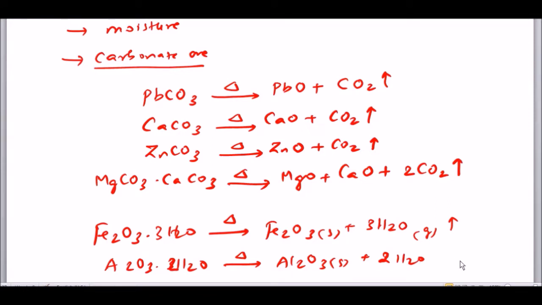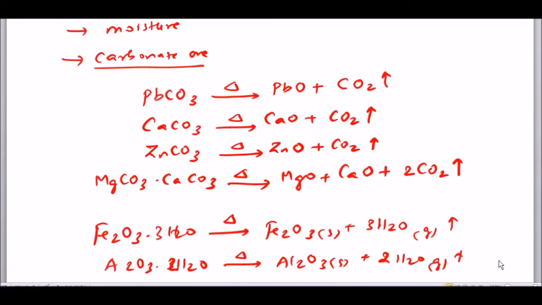The water content present in the ore is removed in the calcination procedure. The calcination is applicable for the carbonate ore and hydrated ores; while calcination, they are converted into their own oxide with the liberation of both carbon dioxide and water.